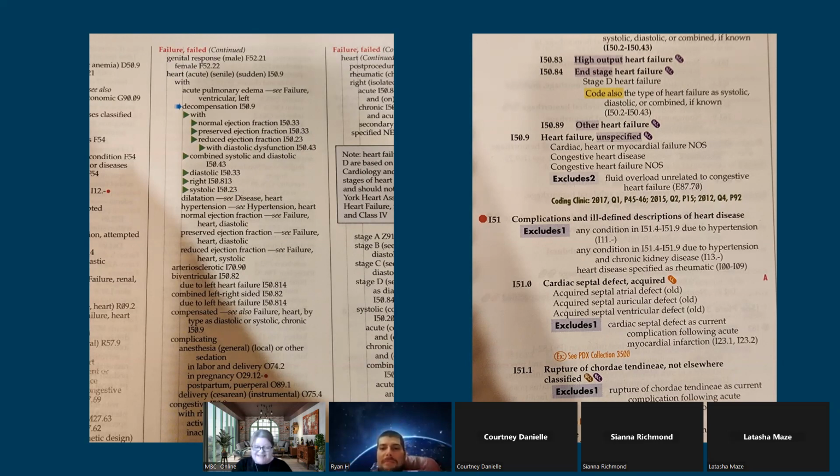There's also a use additional code note. Sometimes, if you use certain codes, you cannot use that code without another code to go along with it. It's all in the notes. It tells you exactly what you can and cannot do with that code.